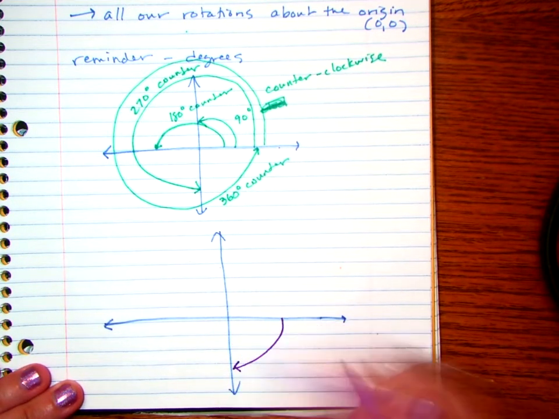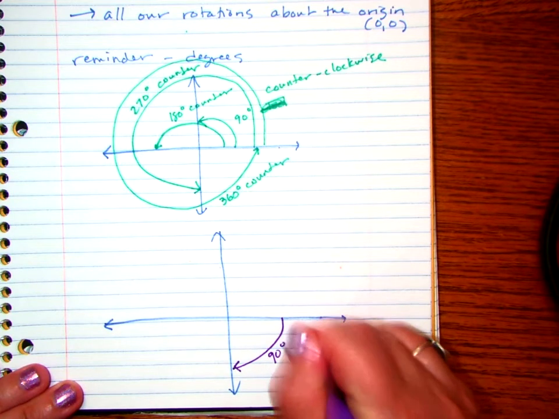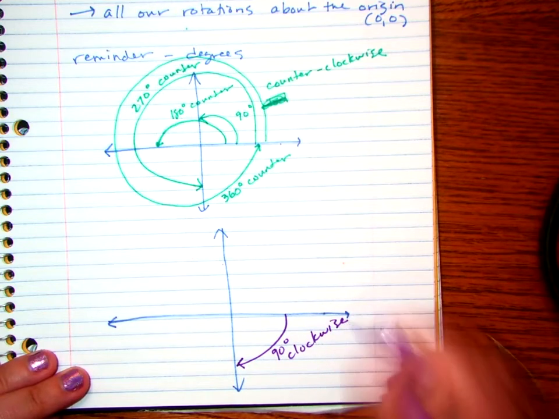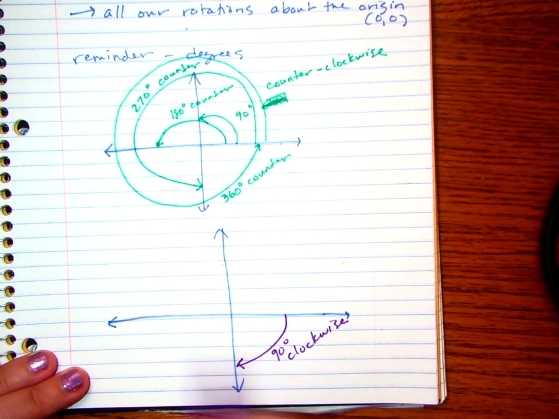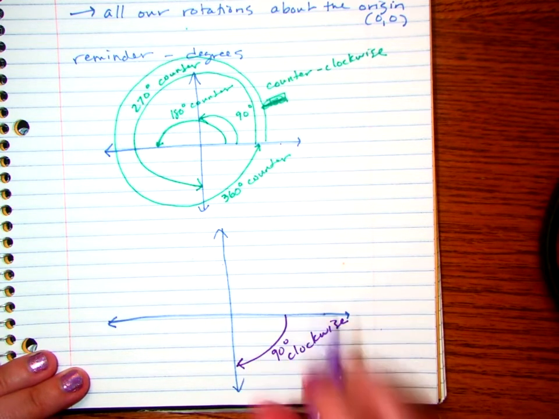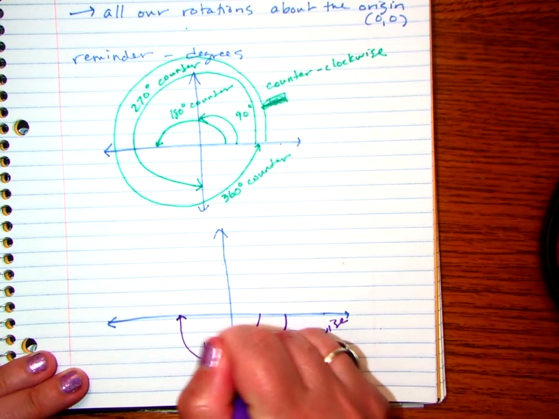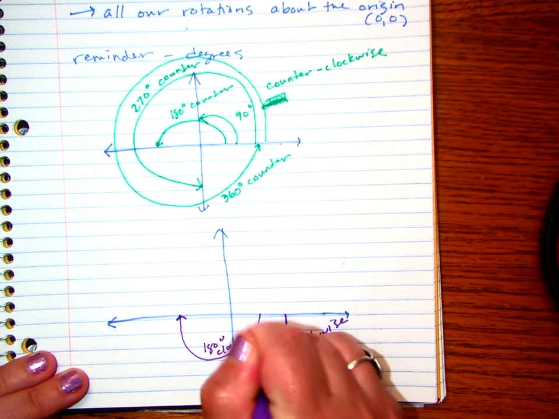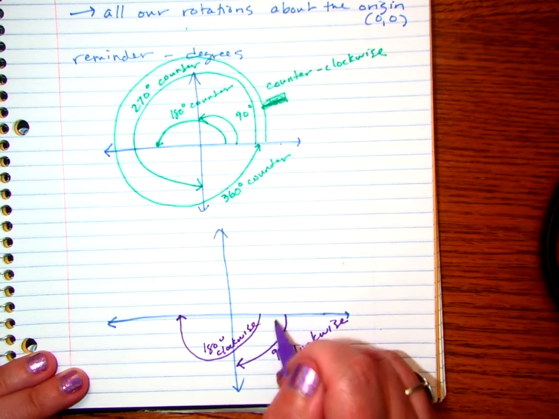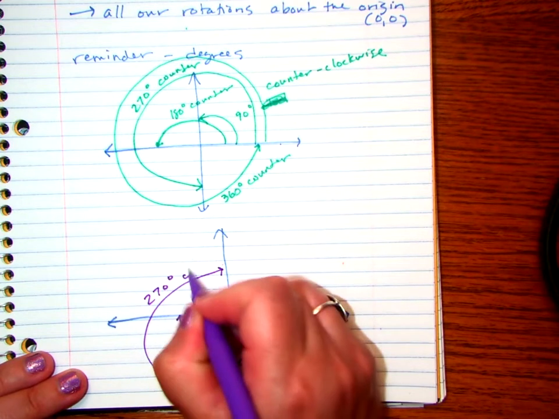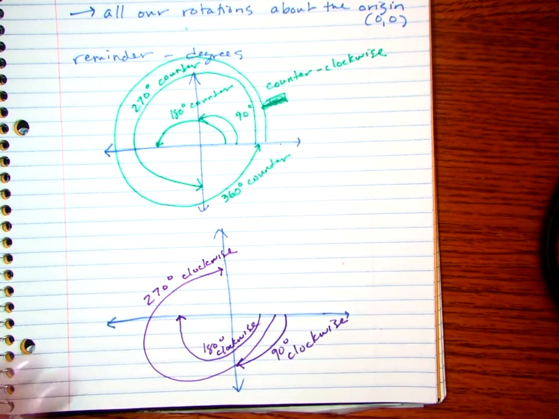So here would be 90 degrees clockwise, going the way the clock goes, the way the minute hand, the second hand, or even the hour hand goes. Then this one would be the 180, and then 270. It's not really necessary to do 360.